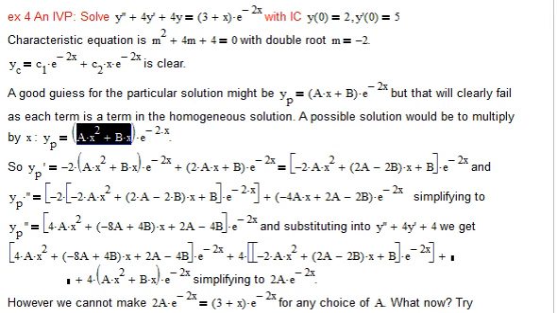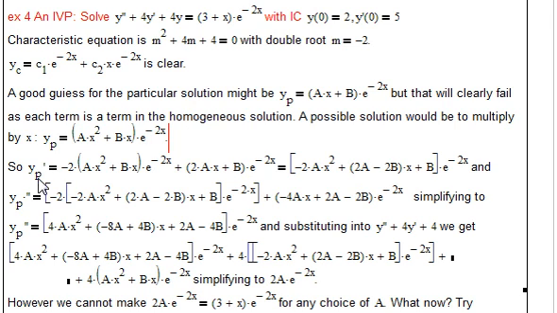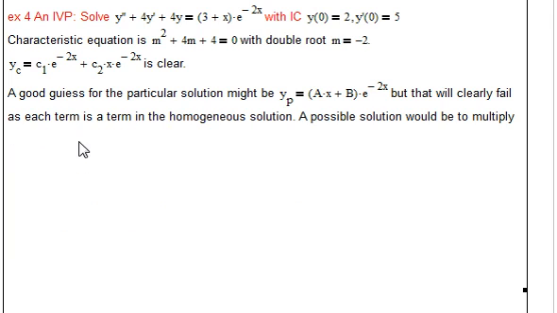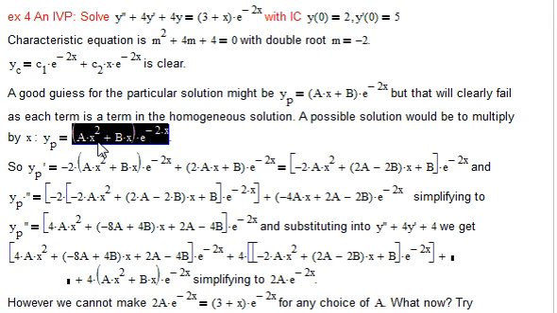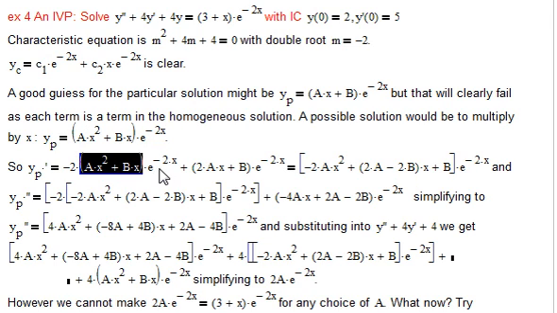So here we go. It's getting a little complicated, I admit. Okay, but let's see. If we say our yp is this, then y prime is first d second plus second d first. So here's first, and the derivative of e to the negative 2x is negative 2 times e to the negative 2x. So there's first d second.